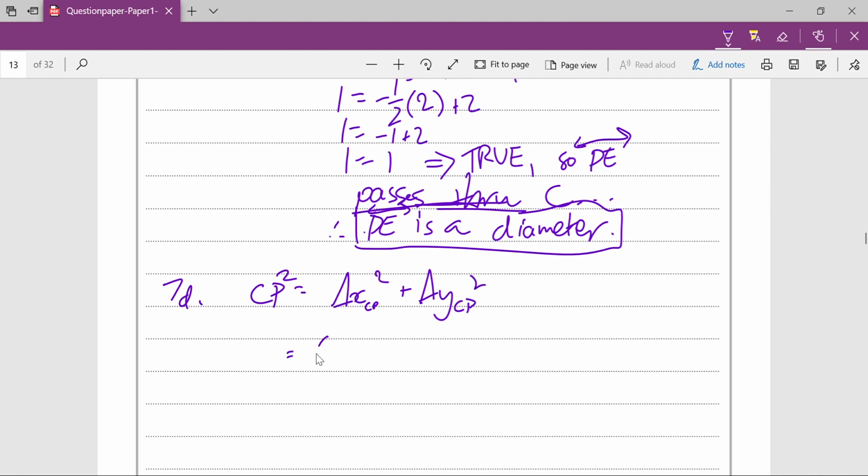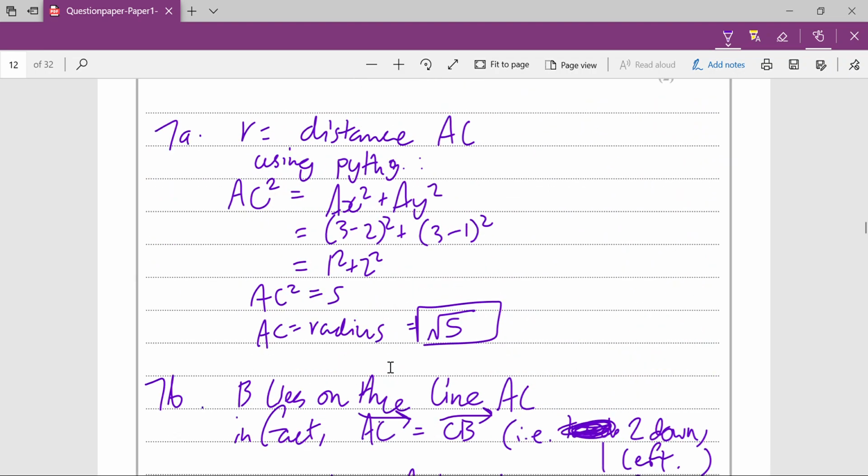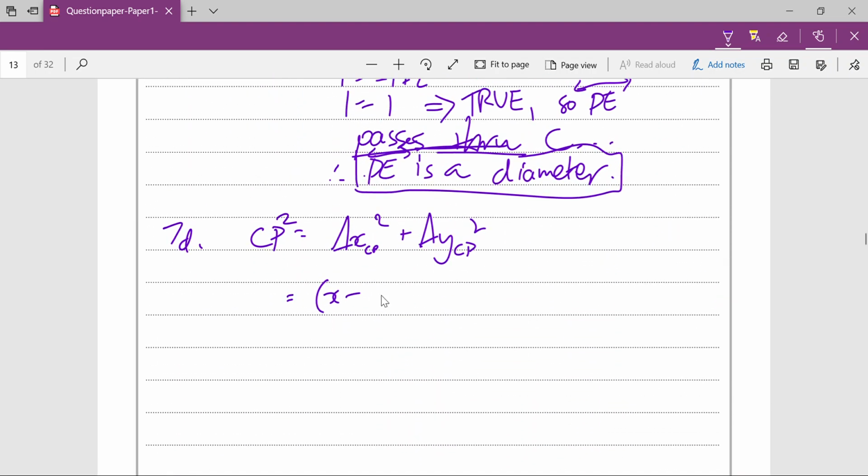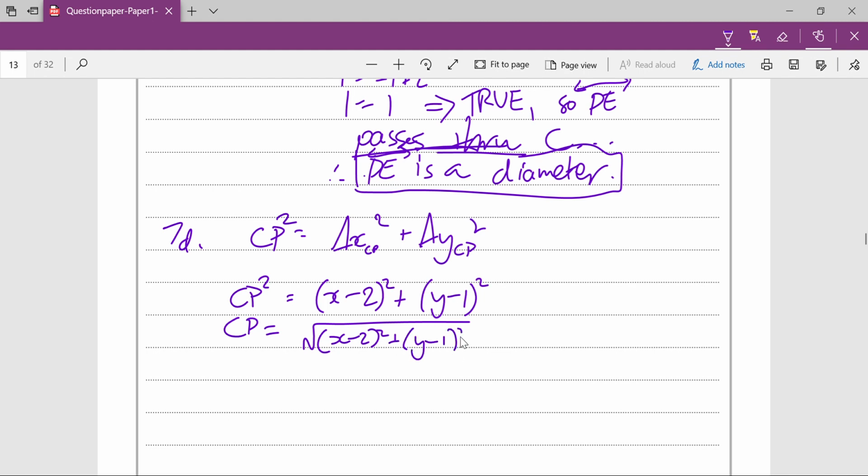And the delta x is going to be x minus, where x is our P's coordinate, the x value for the point C, which would be 2, if I'm not mistaken. So it would be x minus 2 squared plus y minus 1 squared for our CP squared. And thus the distance CP will be the square root of x minus 2 squared plus y minus 1 squared.